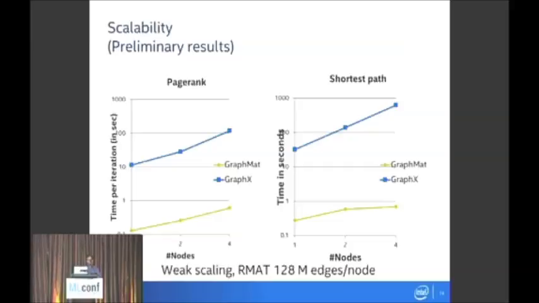What we found is that for both PageRank as well as shortest path, we are convincingly at least a couple of orders of magnitude faster than Spark with GraphX. And this has kind of continued as we increase the scaling as well. So we've shown a pretty small, the beginning of the scaling graph. We're still continuing to evaluate the reasons for this performance gap and to see how things go once you scale to hundreds of nodes.